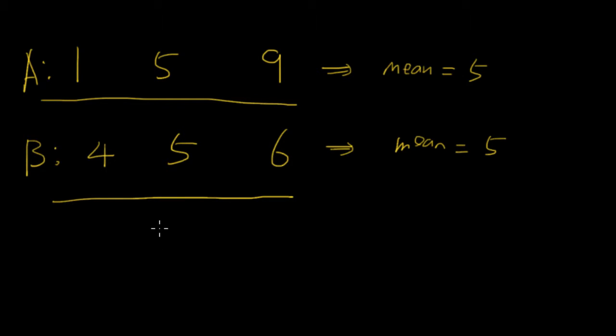But the problem is you can't just say, oh, this is more concentrated, this is more spread out. That's not really mathematical at all. That's not precise at all. So we have to come up with a number that describes how spread out and how concentrated these data sets are.